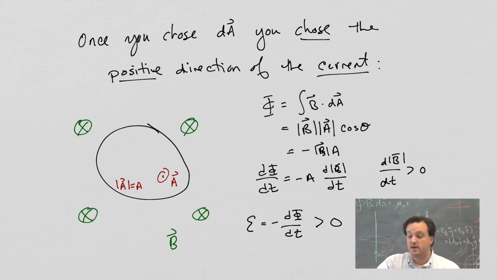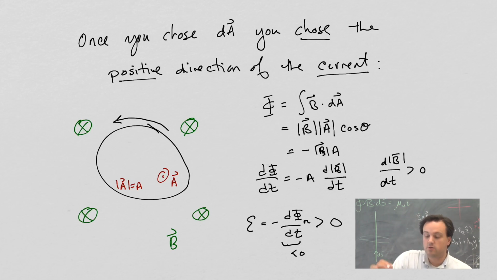Because d flux dt is less than 0, I multiply that by minus 1, and I get something that's greater than 0. So in this example, what I see is that the induced EMF, which induces a current, is going to be positive, which means that the induced current is going to be counterclockwise around this circle.